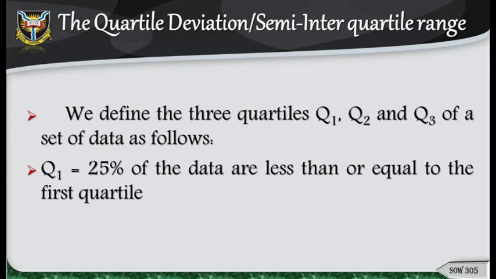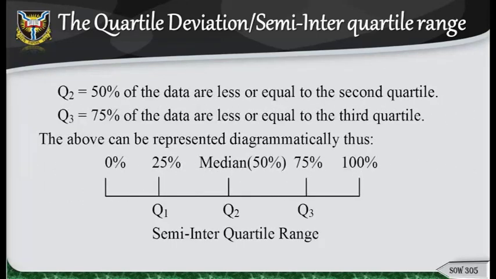Q1: 25% of the data are less than or equal to the first quartile. Q2: 50% of the data are less than or equal to the second quartile. Q3: 75% of the data are less than or equal to the third quartile.